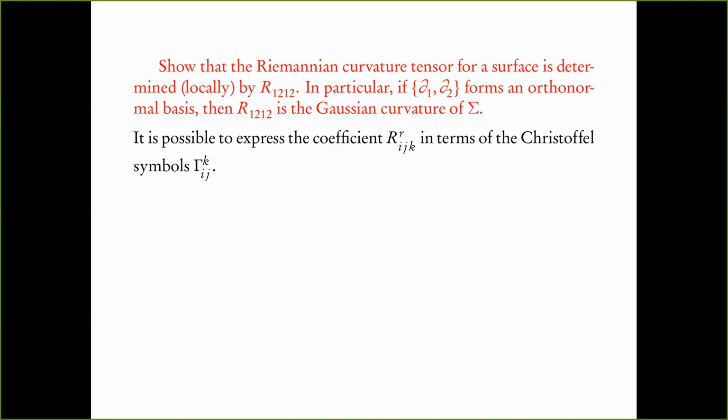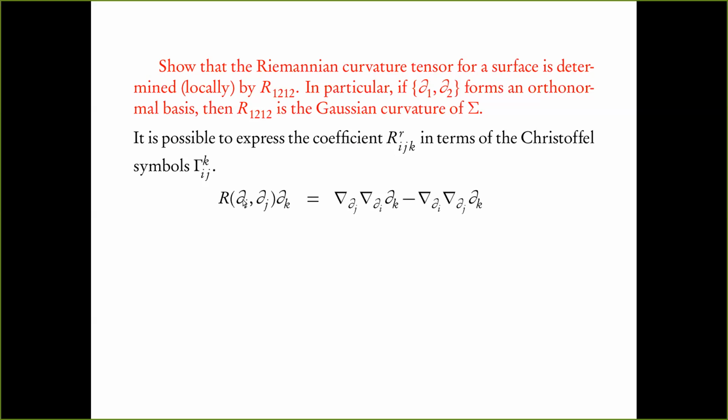If I can express these in terms of the Christoffel symbols, then in turn these coefficients can be expressed in terms of the metric alone, which says that the Riemann curvature can be expressed entirely in terms of the metric, correct? So it turns out that you can. Let's see how to do this.